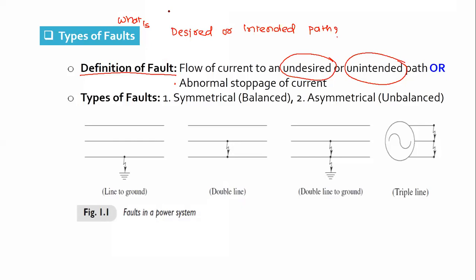Anyone else? According to you, how should current flow? Okay, I'm just asking about the path, not electrical terminology. What is the intended path for the current? What do we expect current to flow from and to? वो कहां से कहां तक फ्लो होना चाहिए सिस्टम में?